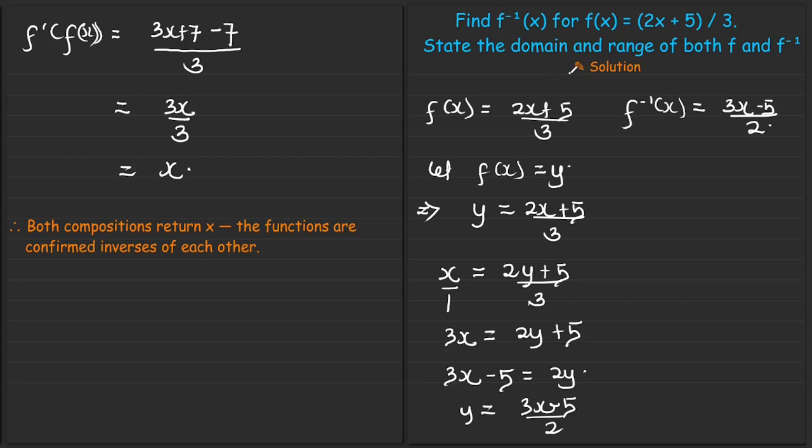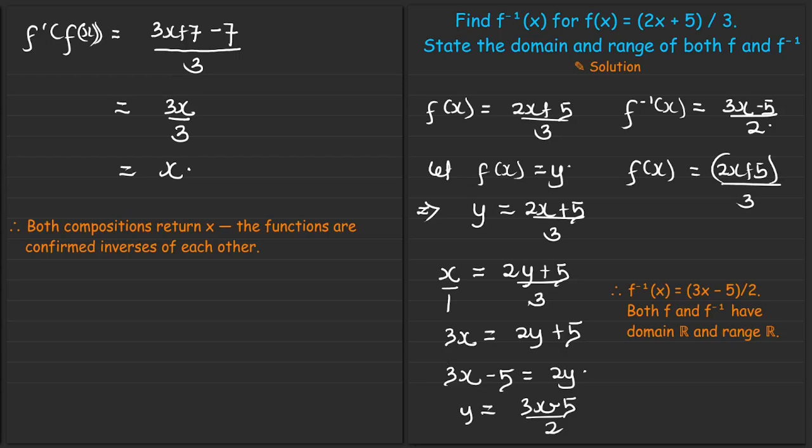Now we know the domain of this function, that is f of x. So the domain of f of x is the range of f inverse, and the domain of f inverse is also the range of f of x. There is nothing that makes this undefined, and there is nothing that makes this undefined as well. So their domains and ranges are both R.